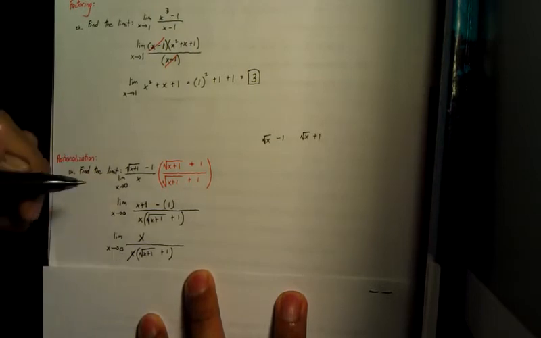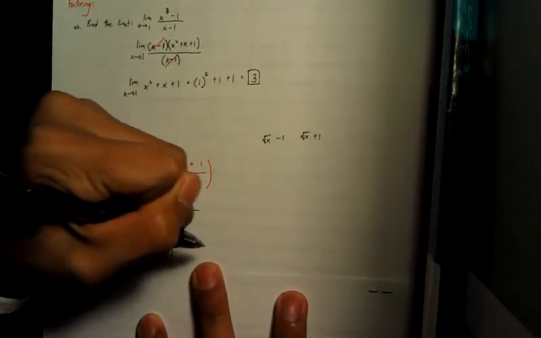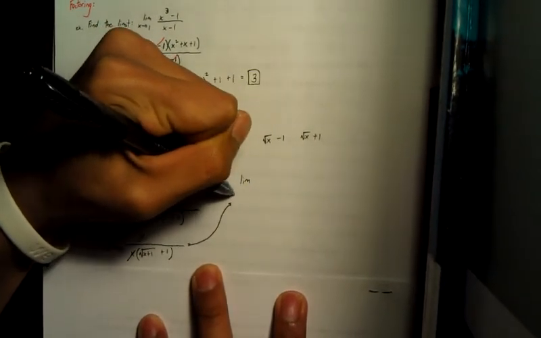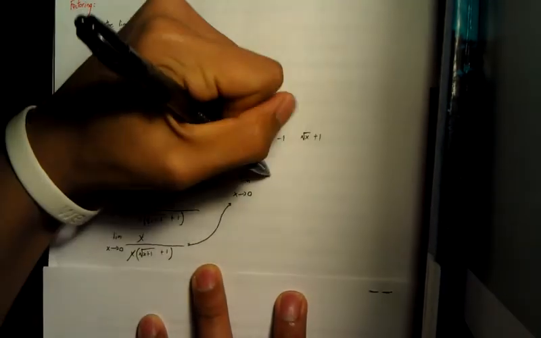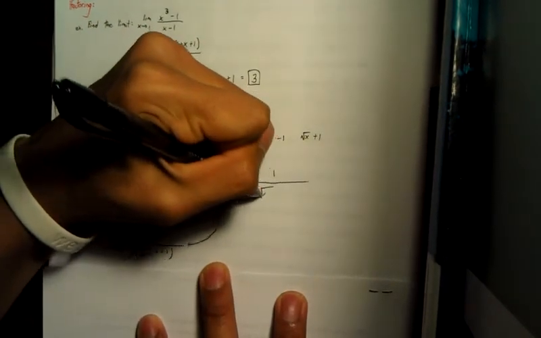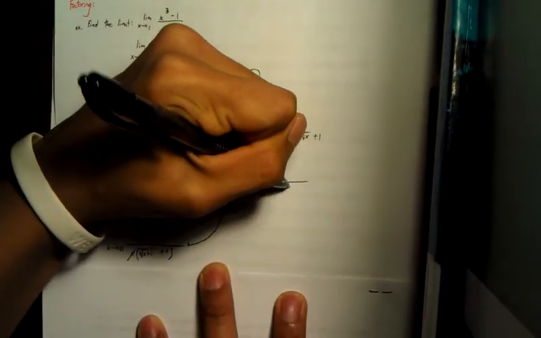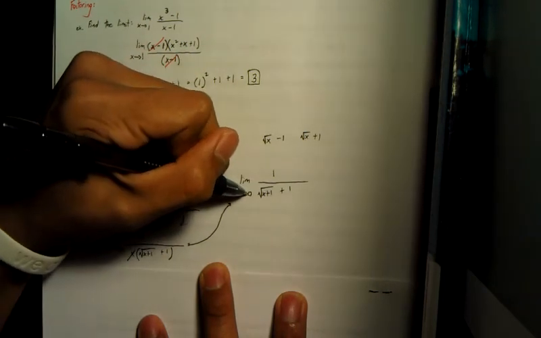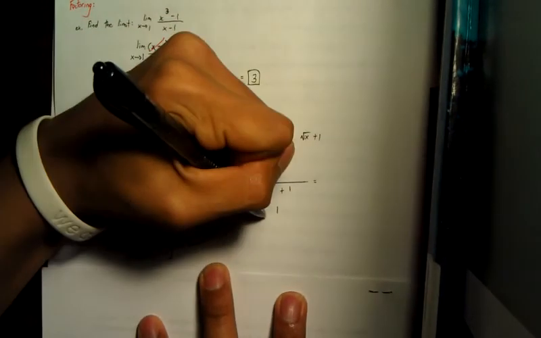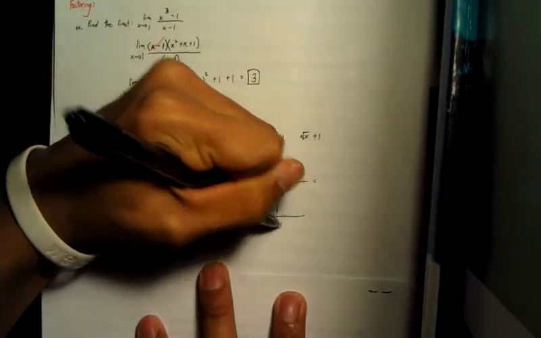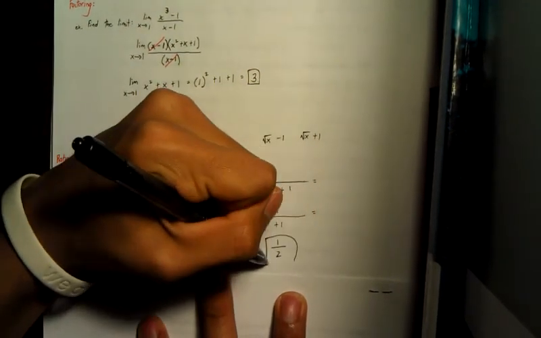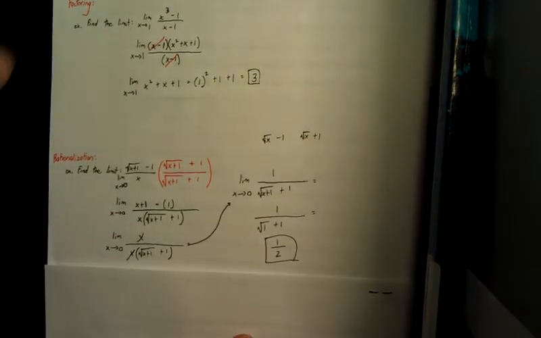And here you can see your x's cancel out, and so that leaves you with the limit as x approaches 0 of 1 all over square root of x plus 1 plus 1. Now you can substitute in your 0, so that gives you 1 over square root of 1 plus 1, which just equals 1/2. And there's your limit.